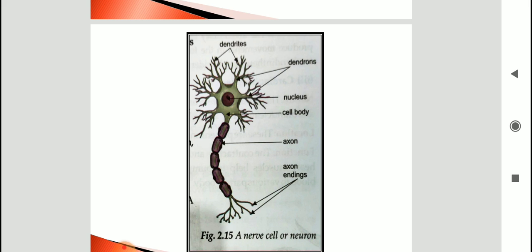This axon has its endings known as axon endings. The other end of the cell body or cyton has a short structure called a dendron, and those dendrons further branch into dendrites. So this is a very clear and well labeled diagram of a nerve cell.